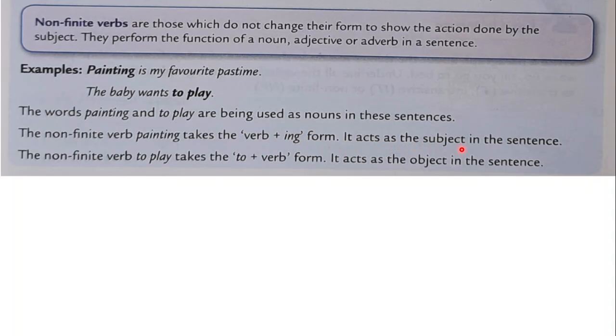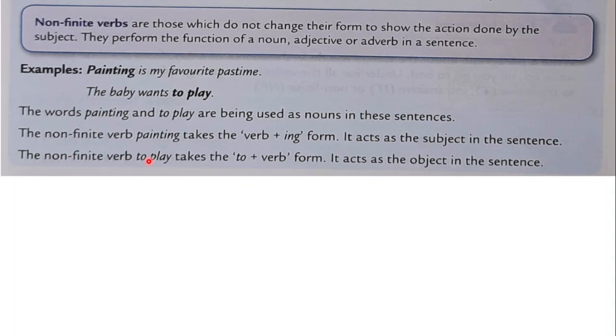It acts as the subject in the sentence, the one about whom the sentence is. The sentence is about painting, and what is said about painting, "is my favorite pastime", is the predicate. So this is a noun and acts as a non-finite verb.